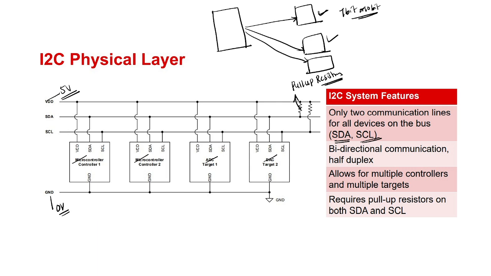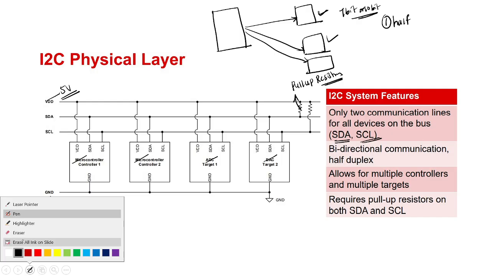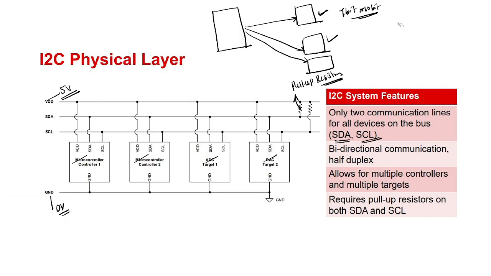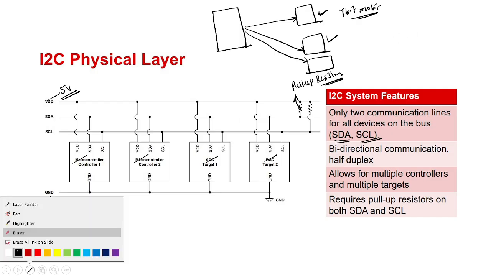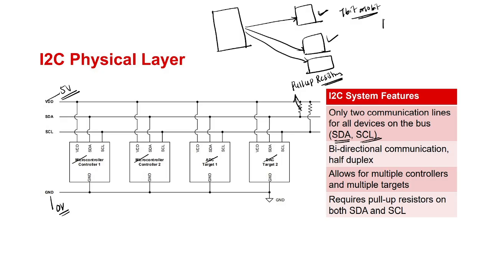Basically, in communication there are three types. The first one is simplex communication. Simplex means only one-way communication.